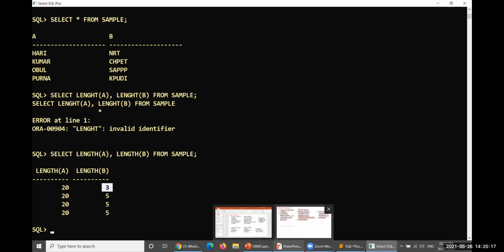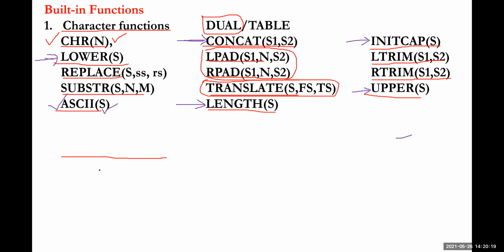Then we shall discuss some very important information: TRANSLATE. Here you can see the actual string, the string you are supposed to find, and instead of that string, the string you are supposed to place.